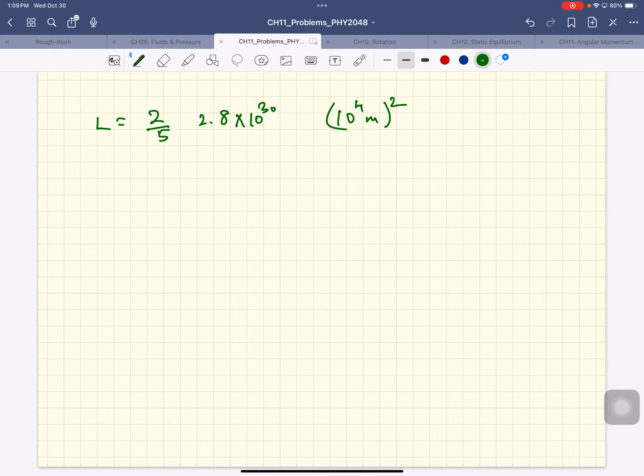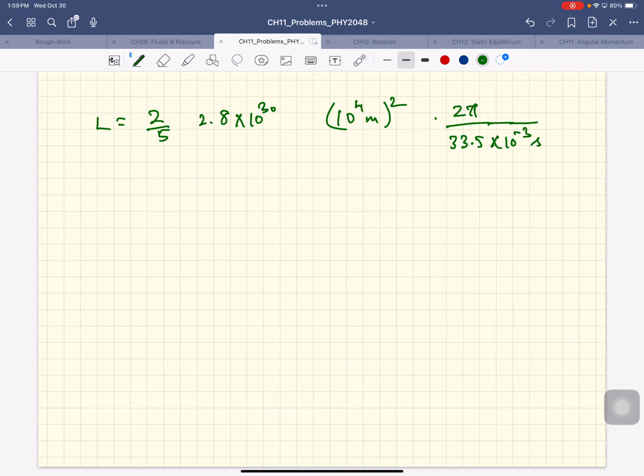And then angular velocity was 2 pi radians divided by 33.5 times 10 to the minus 3 seconds. So it's a millisecond pulsar. When you hear millisecond pulsars, that means it's roughly rotating 1,000 times a second.